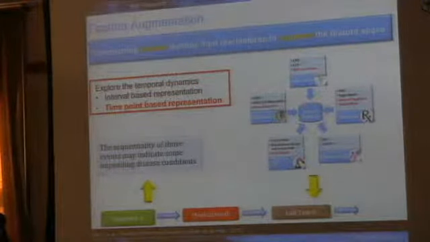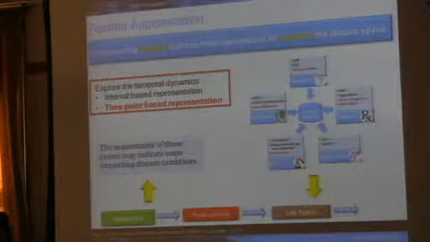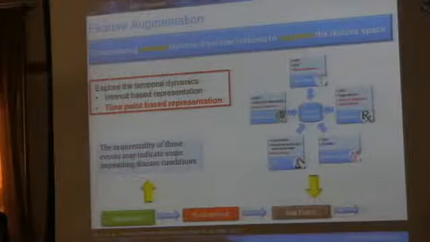For example, in a recent paper published by Vanderbilt people, they use deep learning technologies to generate features from EMR. So I think that's a very good start. In this talk, I will mainly introduce what if we have a time point-based representation for those raw features, and how we can explore temporal dynamics from that.